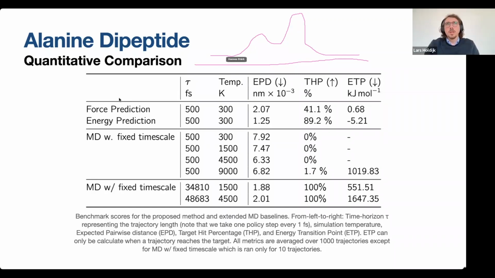The bias potential is based on, how to say this correctly, the bias potential is learned to transition from A to B in a certain time span.